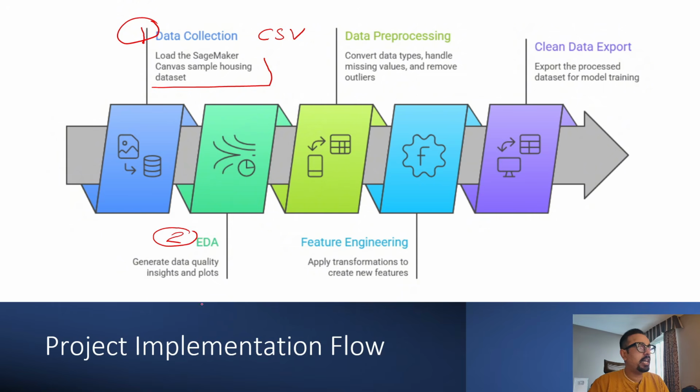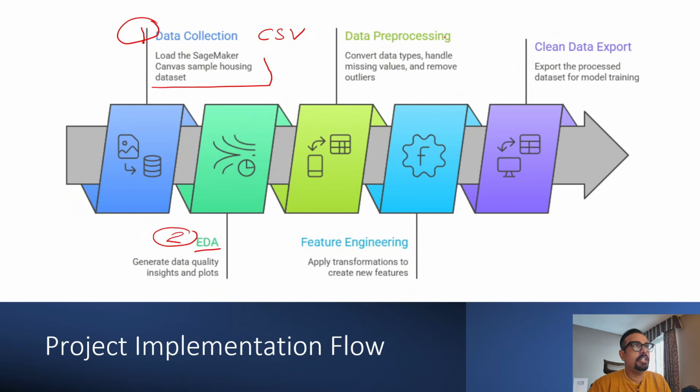In EDA, we understand by generating insights and plots what exactly the data is, what the distribution of the specific column that we are going to use is, and whether there are any outliers or missing values in our data sets. So all the nitty-gritty of our specific data set we will do in EDA, which is known as exploratory data analysis.